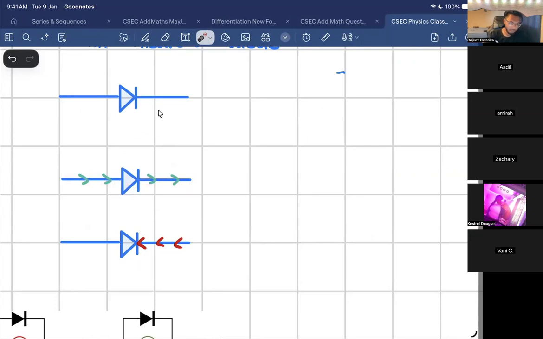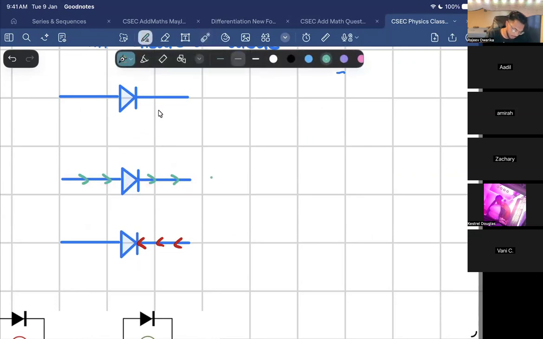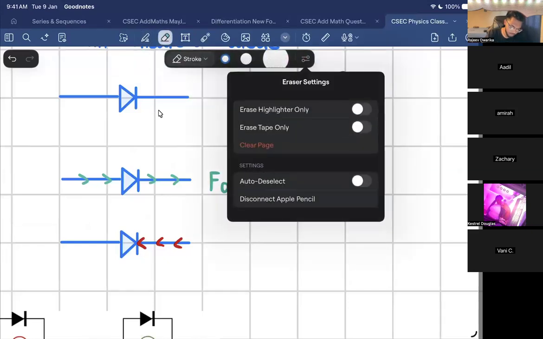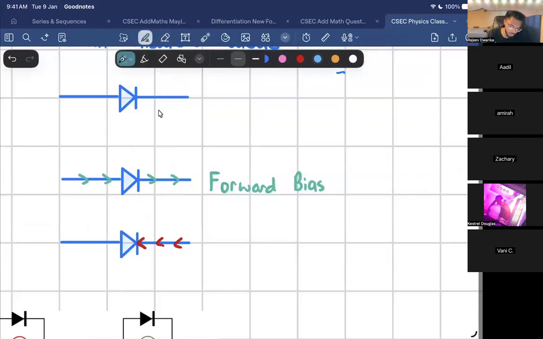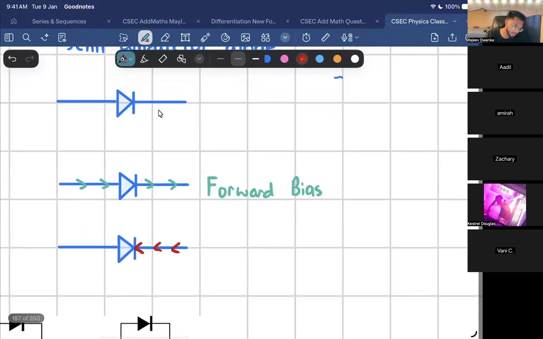Yes, sir. Right, so we refer to that as forward bias. In the other configuration, is current flowing through the diode? No, sir. So we refer to that as, okay, if you want, backward. I wouldn't say backward bias. I would say reverse bias.